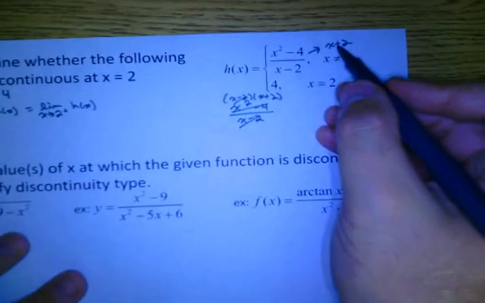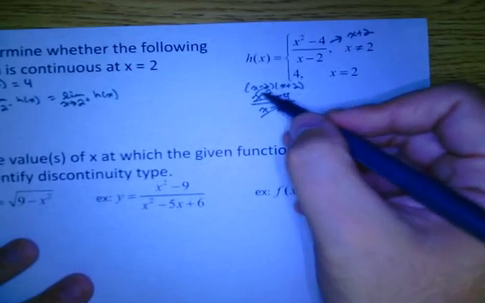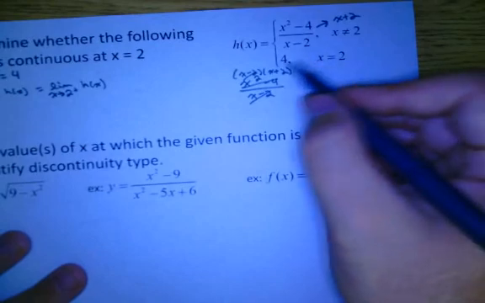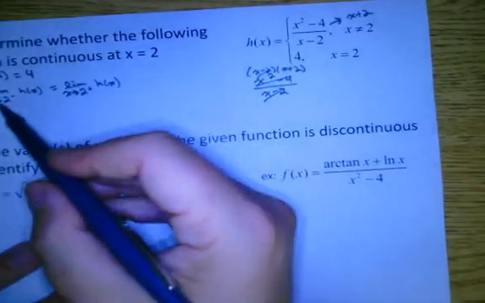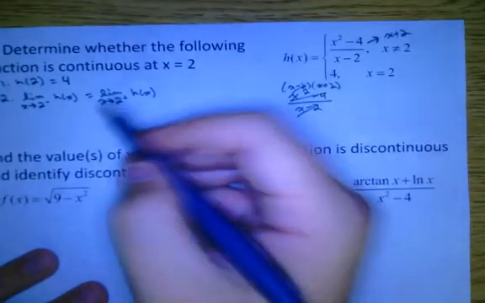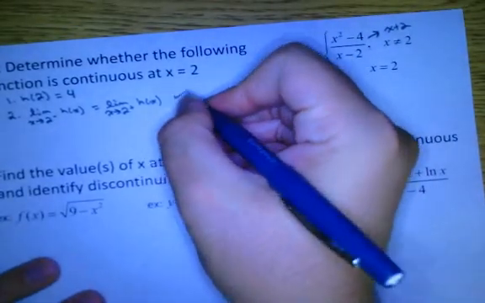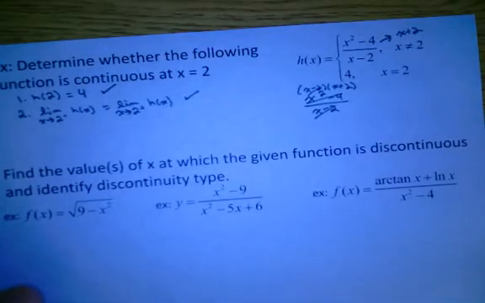But it's got a hole at x equals 2, which is totally okay because this piecewise function is defined at that point. So for this, I have to plug in a 2. I plug in a 2, I get 4. Plug in a 2 for the right, I still get 4. So this does check out. I'll put a check mark up here, saying yes, the limit exists.